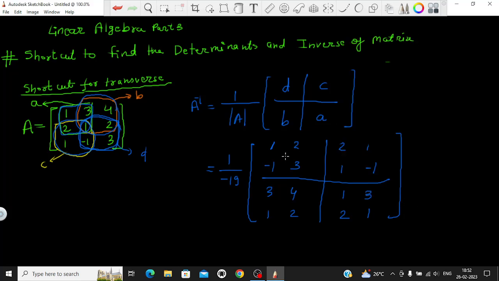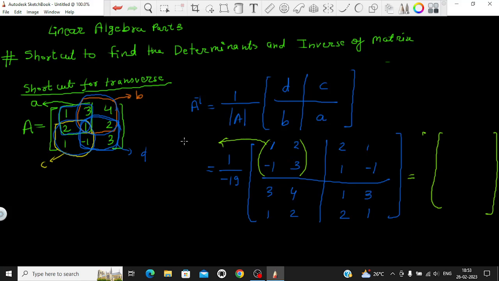I will consider all these 4 elements and take the determinant of these 4 elements. How will I get the determinant?